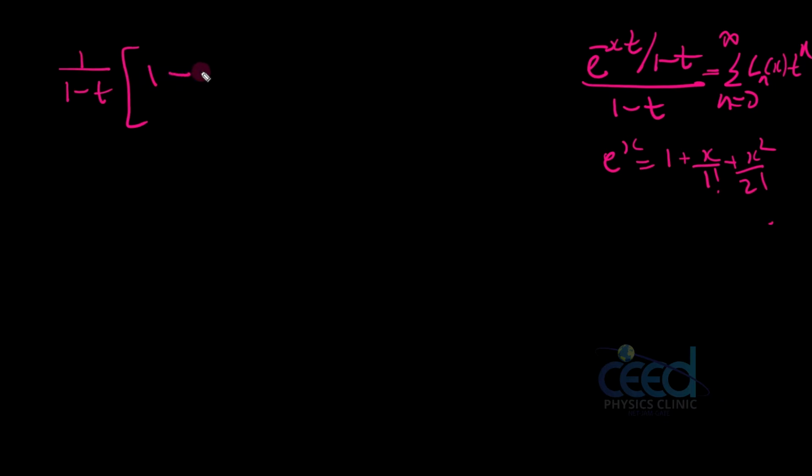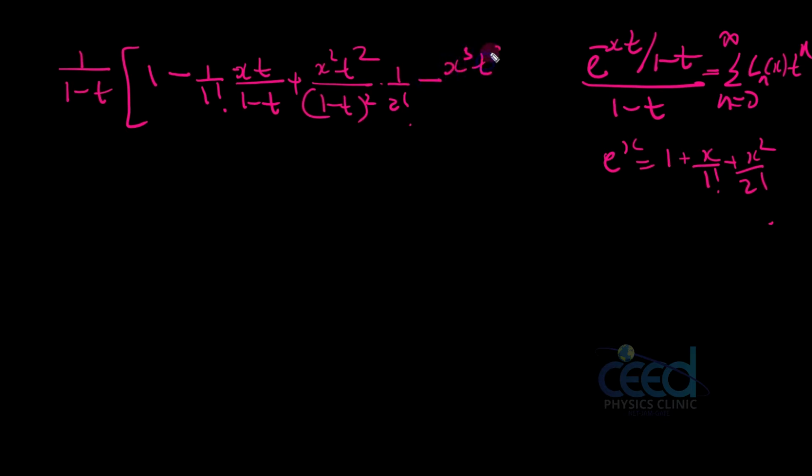This is 1 minus 1 by 1 factorial into xt divided by 1 minus t plus x square t square divided by 1 minus t whole square into 1 by 2 factorial here, right? And next term is negative, that is x cube t cube divided by 3 factorial into 1 minus t whole cube, etc. Okay, so I can expand this using Taylor series like this.